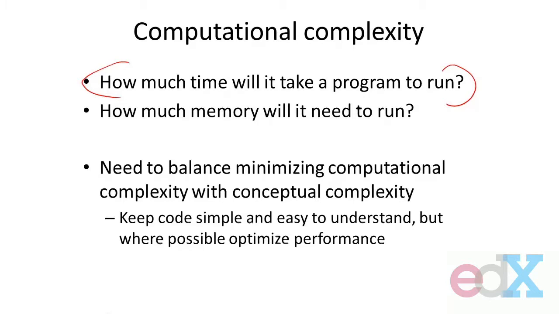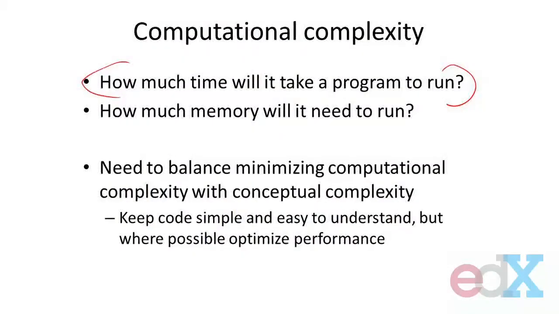Even there, when we start thinking about that, we want to be careful. We want to balance sort of minimizing computational complexity with conceptual complexity. And what do I mean by that? I'd like to keep my code clean, simple, easy to understand, so that if I come back to it a month from now, a year from now, I still understand what the code was written to do. If somebody else looks at it, they can understand what the code was intending to do. And I say that because sometimes one can find interesting tricks one can play to get a little bit more efficiency in the code, but it makes the code much harder to understand.